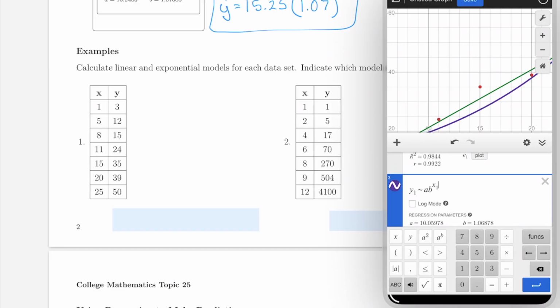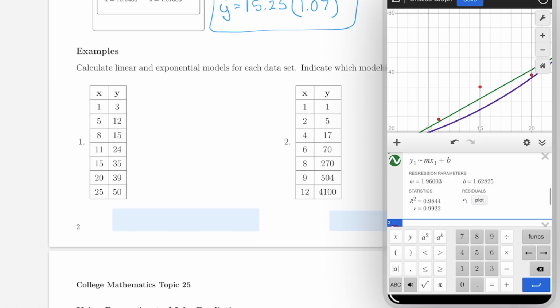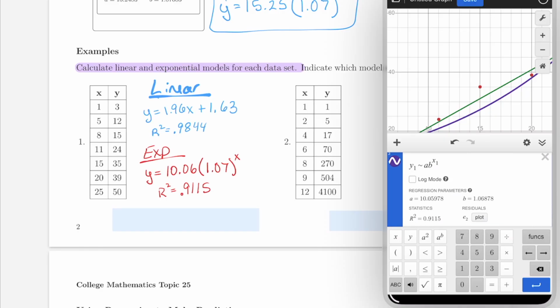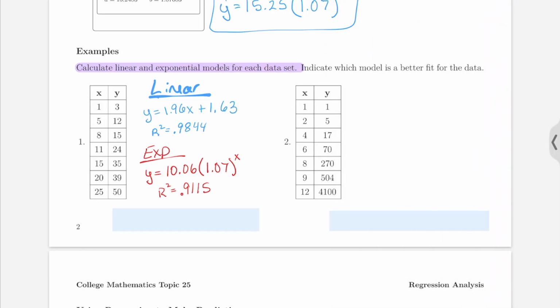All right, now that these are typed in, I am going to write them out because our directions do in fact say calculate linear and exponential models for each data set. So we've done that, and now I'm going to write those out. The next thing that I will do is it says indicate which model is a better fit for the data.